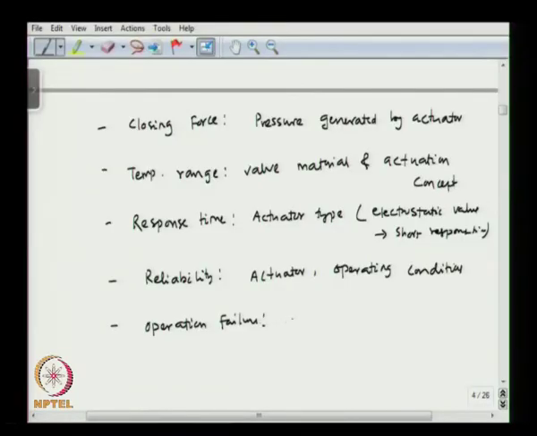These particles will tend to stick between the valve seat and the valve structure, and that is how leakage or valve failure occurs. So, one major reason is particulate contamination, and so it is important to use filters.